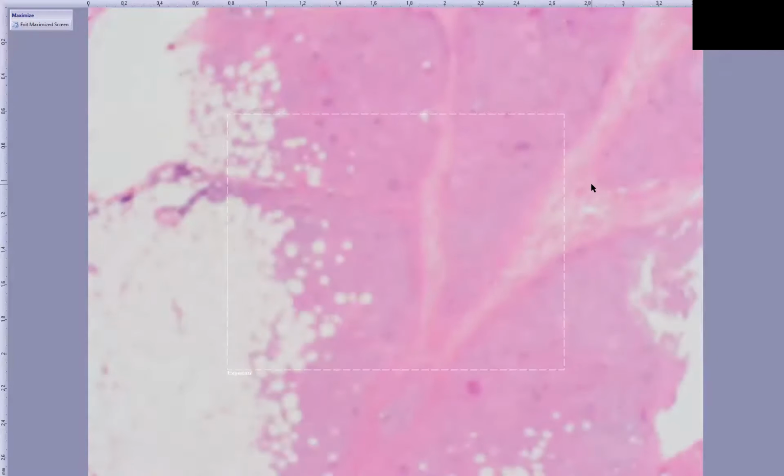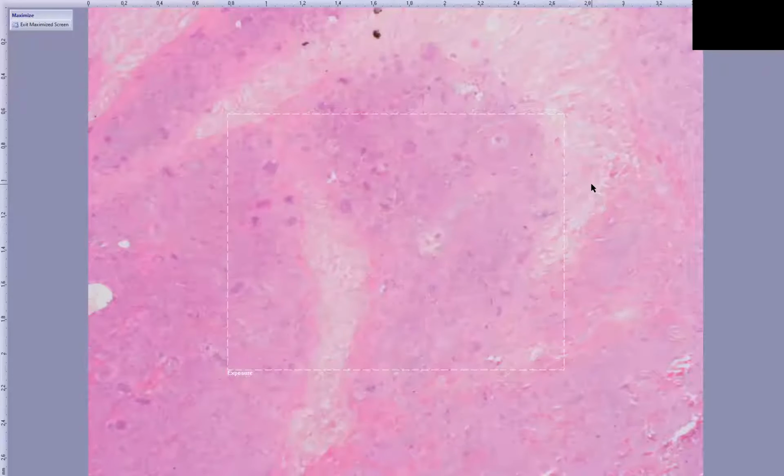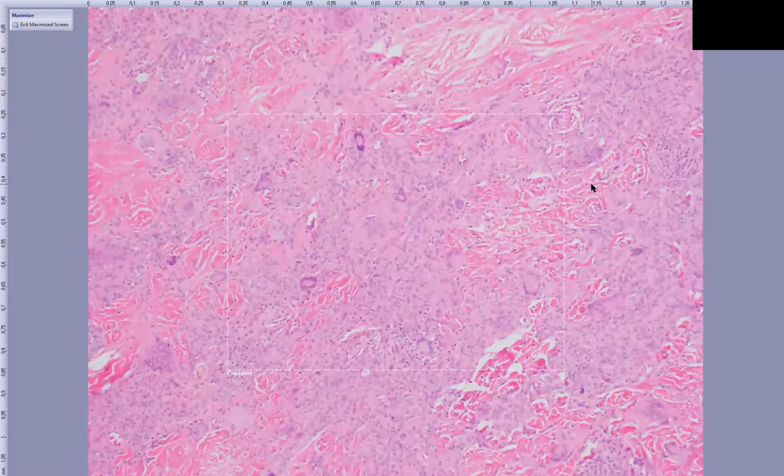Okay. The other feature you'll notice with necrobiotic xanthogranuloma is that the infiltrate in the dermis is still comprised of the same types of cells that we appreciated in xanthogranuloma. So you'll have epithelioid histiocytes, and there are lots of giant cells, as you can see.